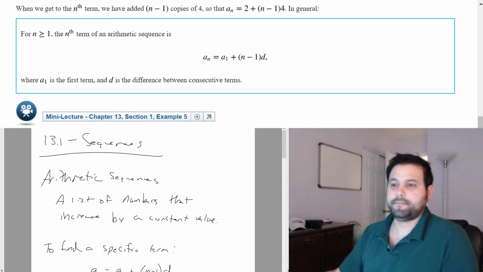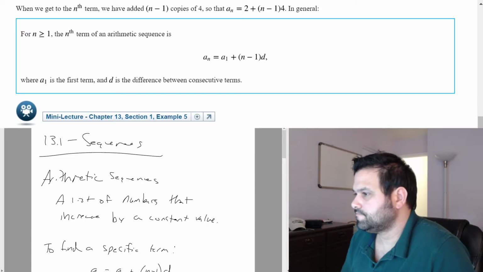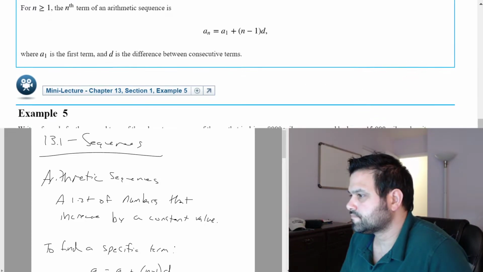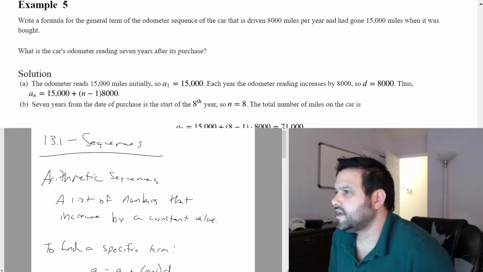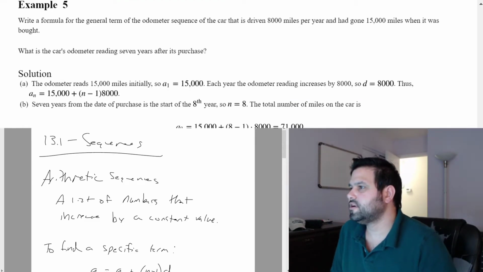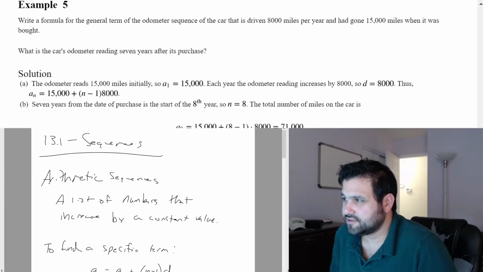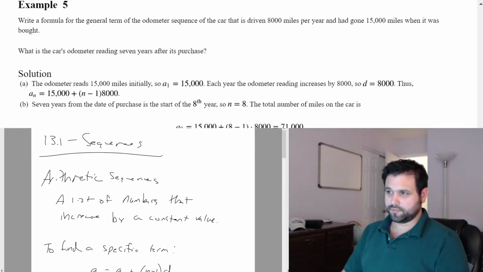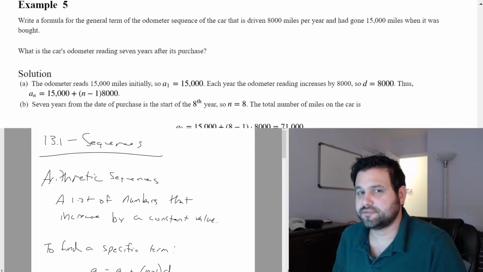Simple enough, right? So, for example, let's see what the book has. Write a formula for the general term of the odometer sequence of the car that has driven 8,000 miles per year and has gone 15,000 miles when it was bought. What's the car's odometer reading 7 years after its purchase?